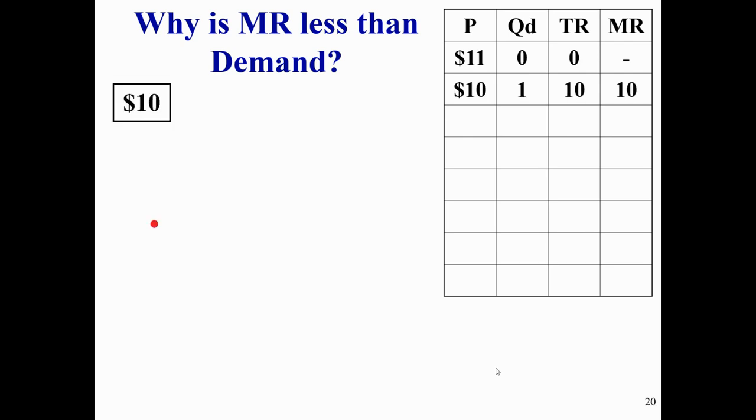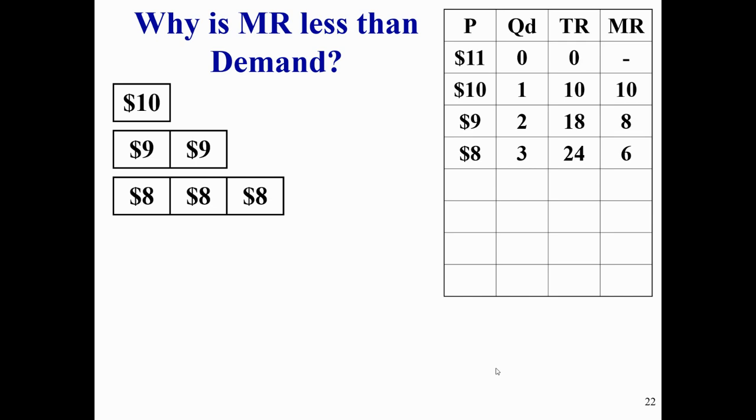If they lower the price to 10, one person is willing to pay 10, their total revenue will be 10, and their marginal revenue from 11 to 10 is 10. If they lower the price to 9, they can sell 2, and then the total revenue would be 18, making the marginal revenue 8. Right? From 10 to 18, 8.